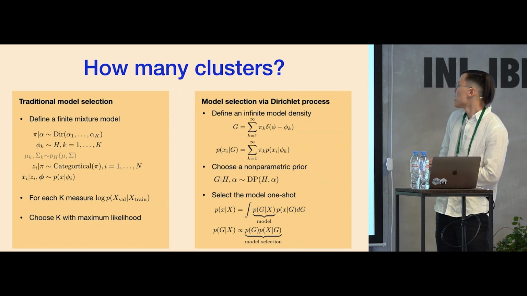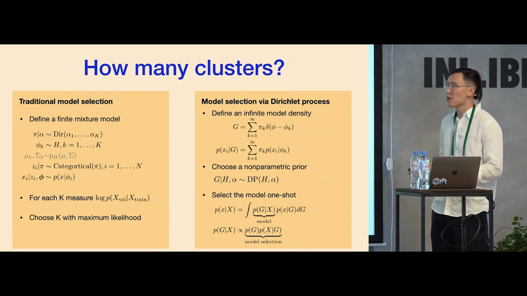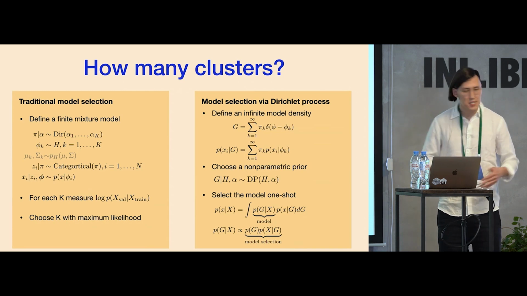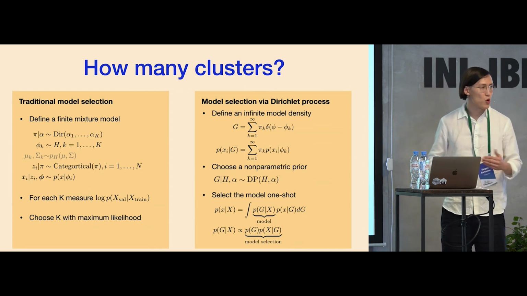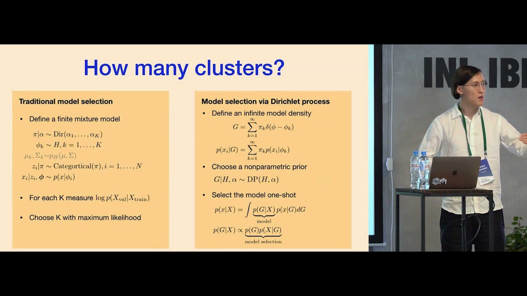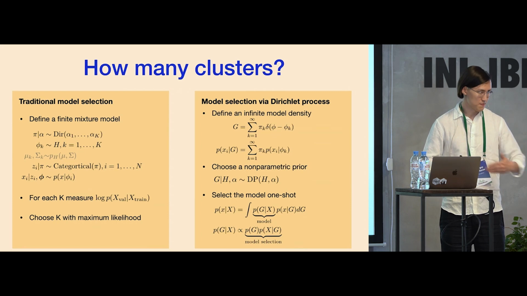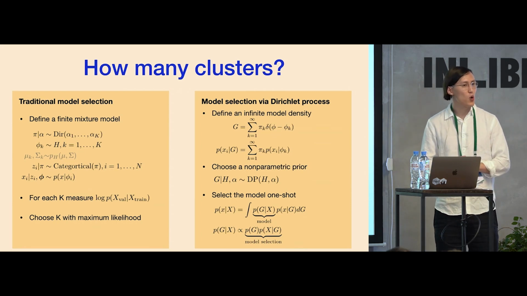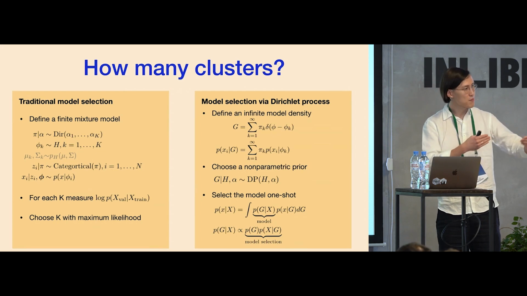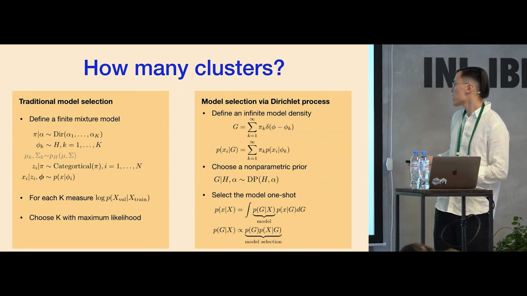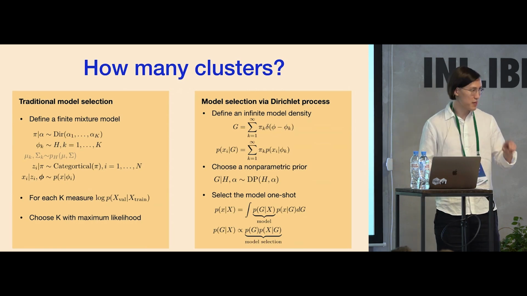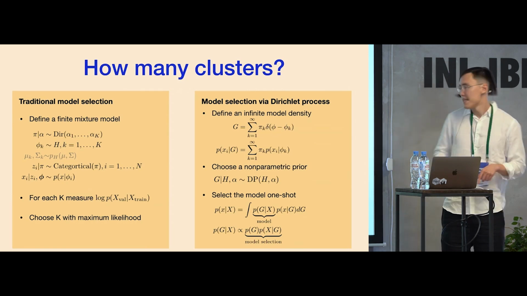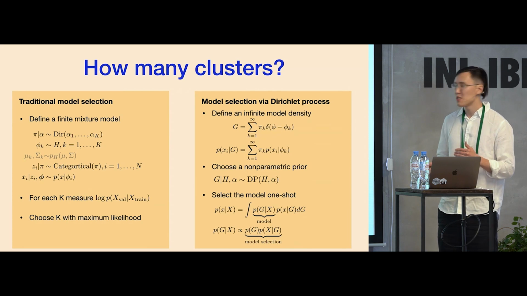Yeah. So all the information about how many meanings are used in the model is encapsulated in G, in our model, which is a potentially infinite mixture of model parameters. We define a prior that a priori would not allow us to have too many mixture components there, and how many we'll get is governed by this parameter alpha. Then we do posterior inference.